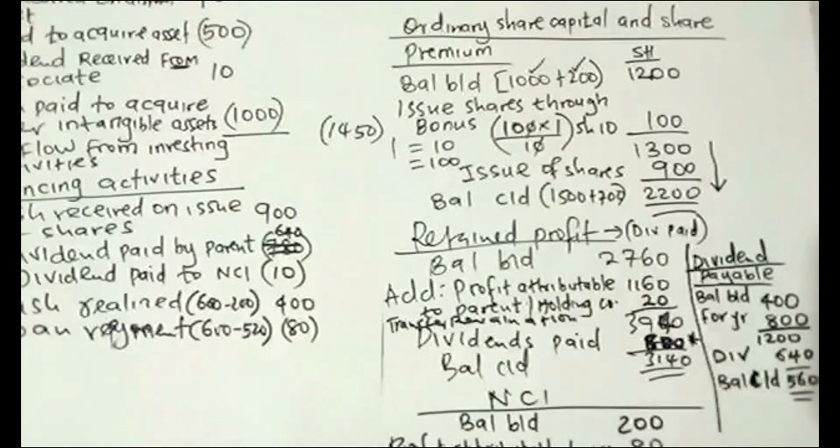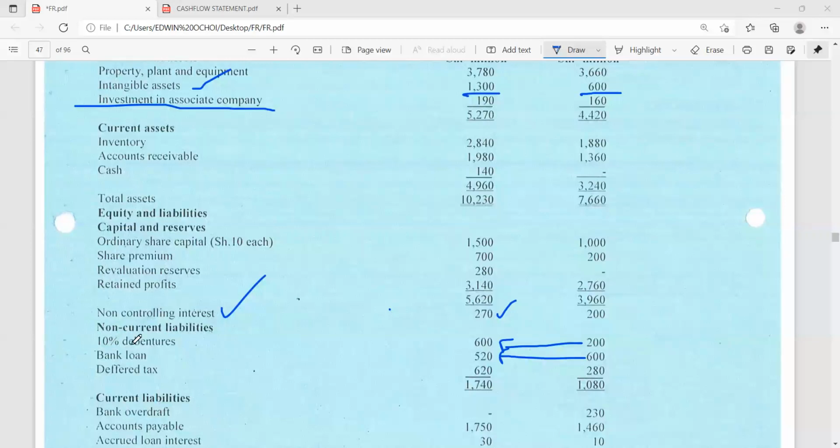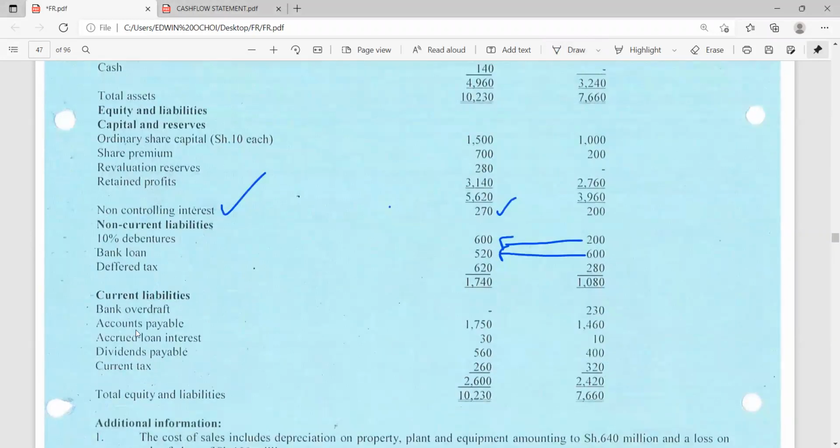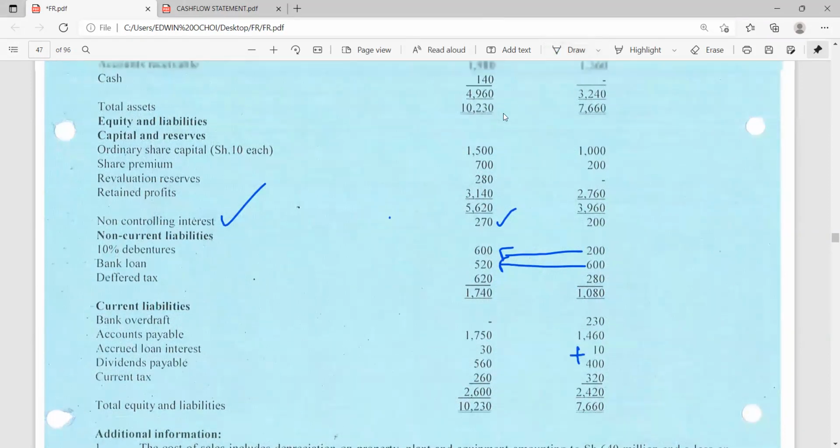Then after that, we are done with the debentures and bank loan. The last thing we have to do here is to determine interest paid under current liabilities. You can see that there is accrued interest. So accrued interest at the start is 10, the interest they were supposed to pay. You add it with your finance cost.